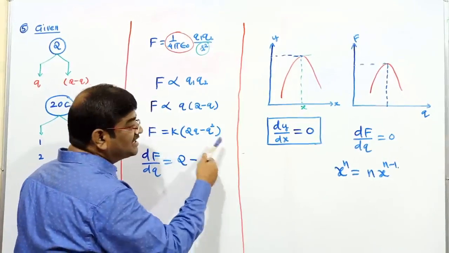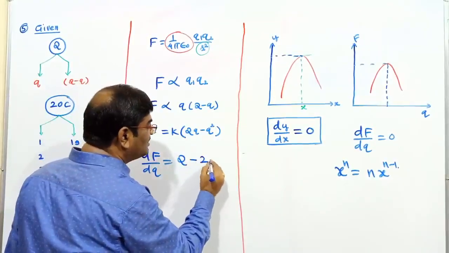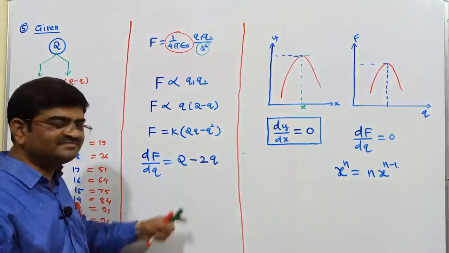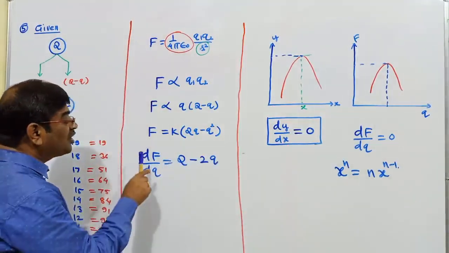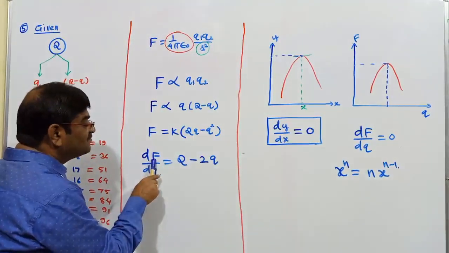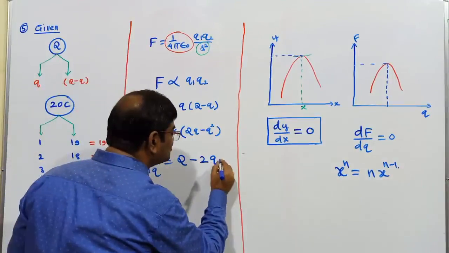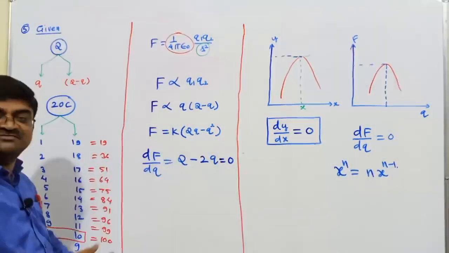Minus, again the same rule you can use here. Power down, decrease power by 1, 2 minus 1. And as I mentioned, the condition is that if I want F maximum, then the differentiation of F with respect to q has to be equal to 0. That's the condition we have arrived at.